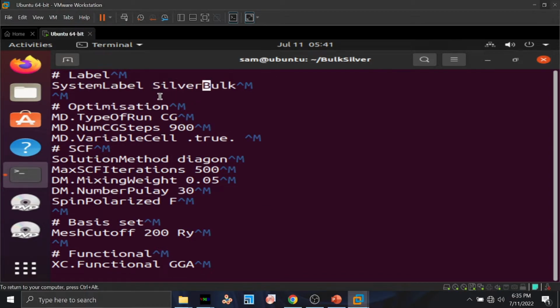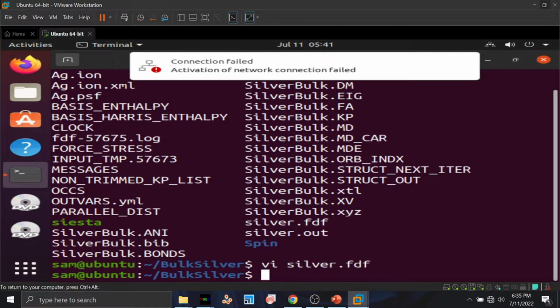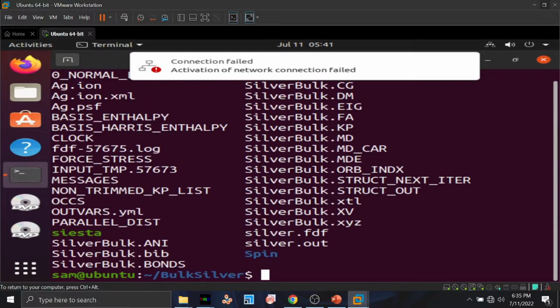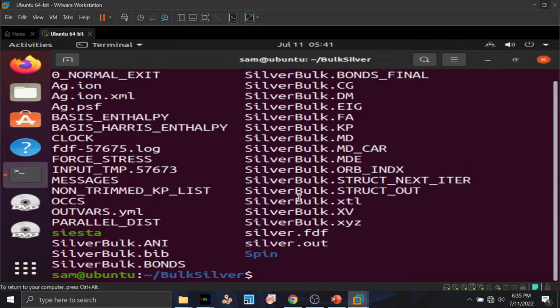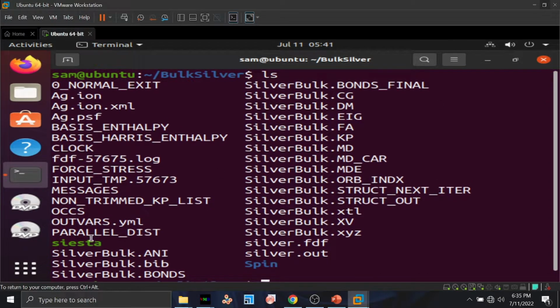If in the directory you see file names like this, that means these are the output files created by the simulation after completion. So here you see silverbulk.ani, silverbulk.bib, silverbulk.bonds, and all these things.